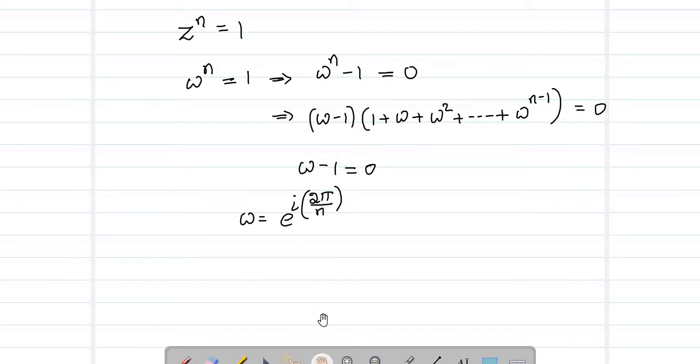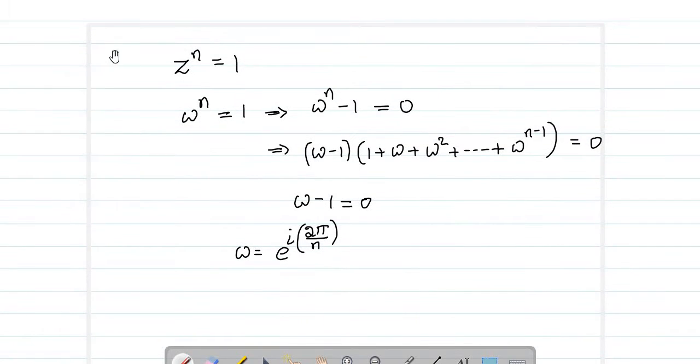Here I am making an assumption that n is greater than or equal to 2. When n equal to 1, then here you get e power i 2 pi, so that will give you 1. So in that case it will become 0. But you know that n is not equal to 1 here. So n can be 2, 3, 4 and so on.